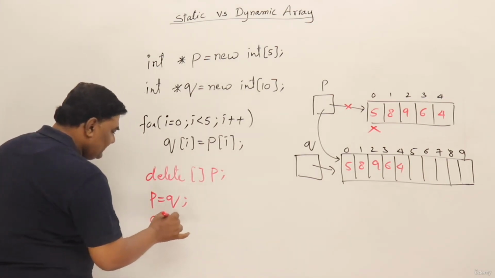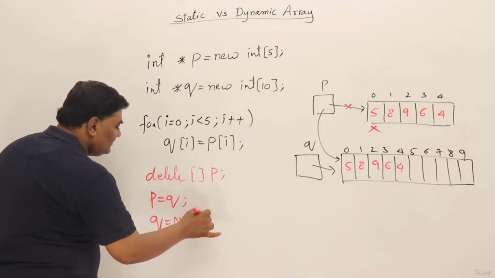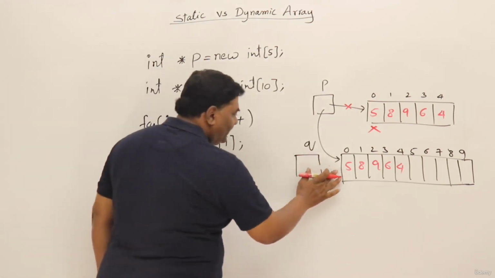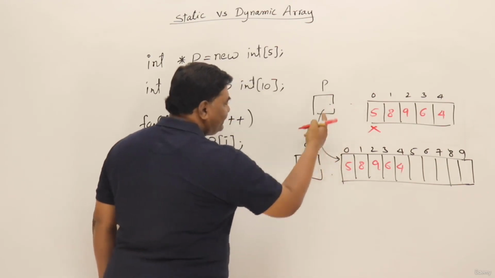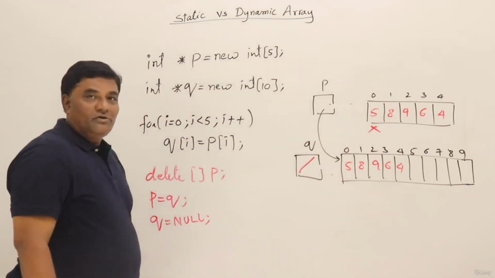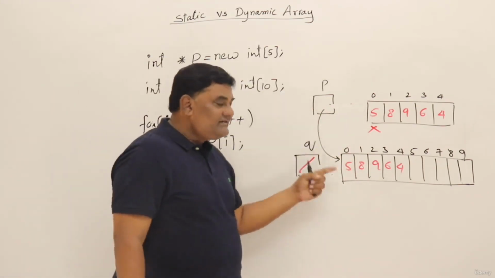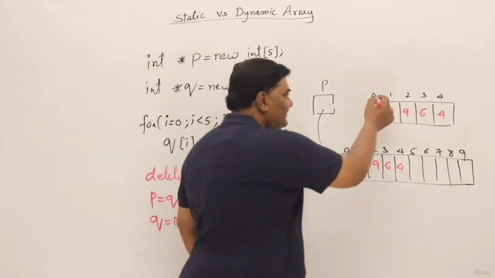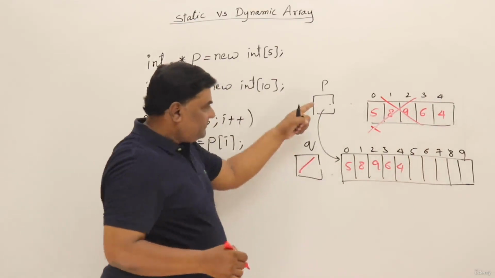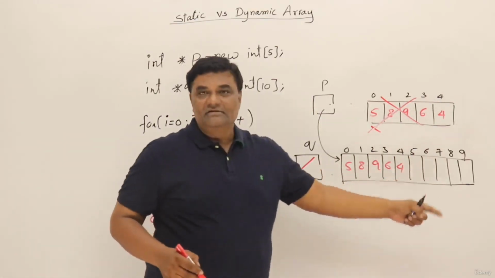Q assign null. So Q will no more point on that one. This is null. It's pointing only on P. Now if I say P, this is the array now. That old array is gone. It is deleted. So it is removed from the memory. And the P array size is now 10.